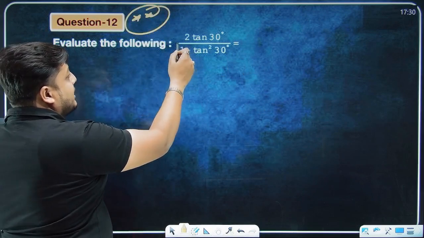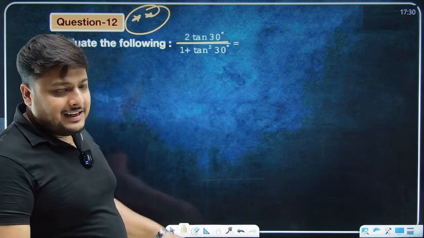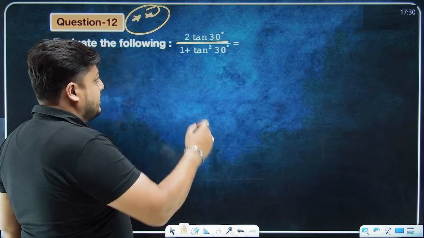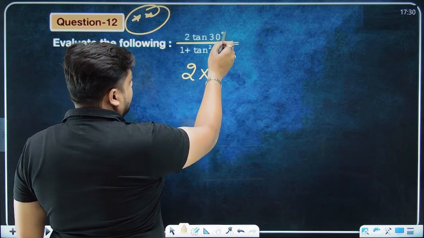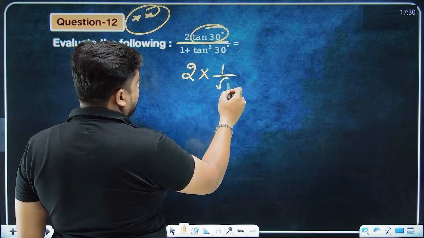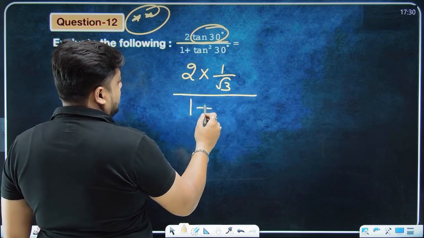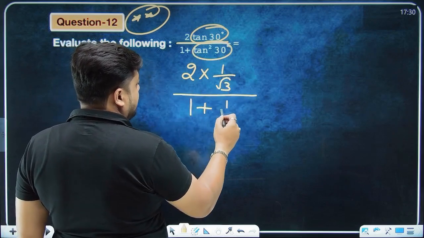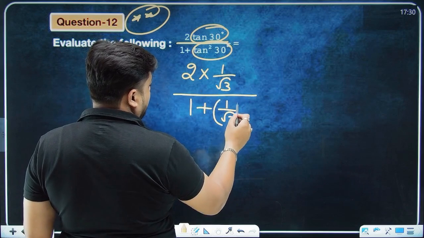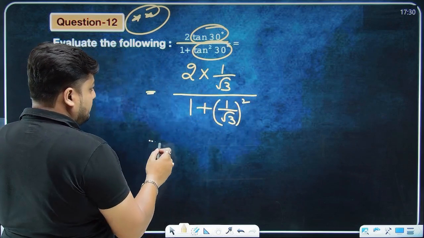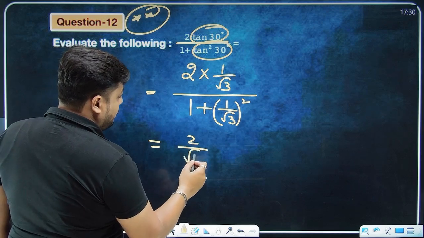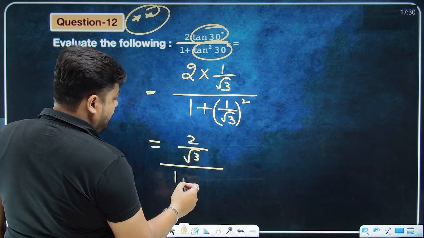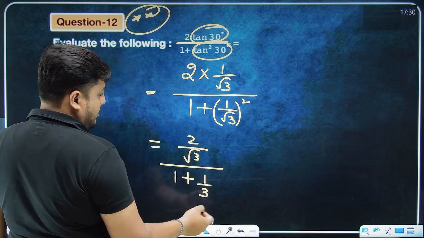What it is saying: twice of tan 30 upon 1 plus tan square 30. Meaning twice of tan 30. Tan 30 is 1 upon root 3. 1 plus tan square 30 means 1 upon root 3 whole square. So it will be 2 upon root 3 into 1 plus 1 upon 3.